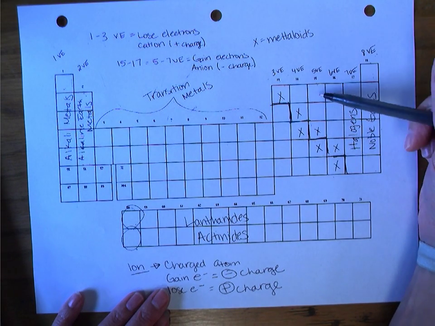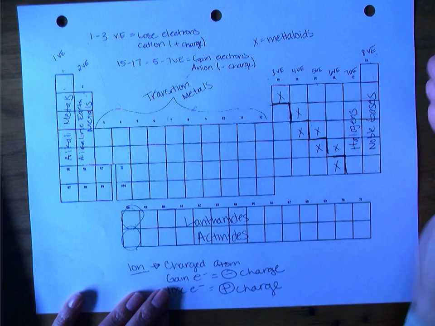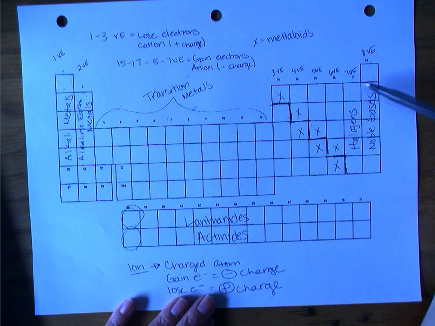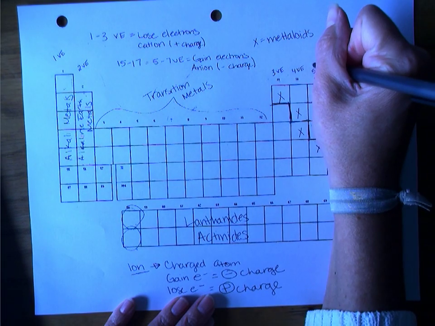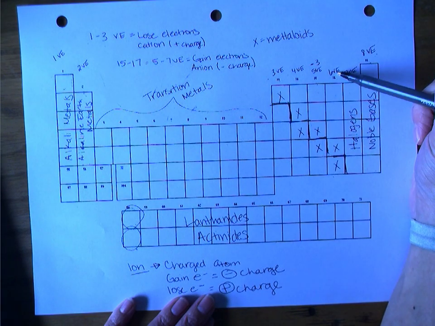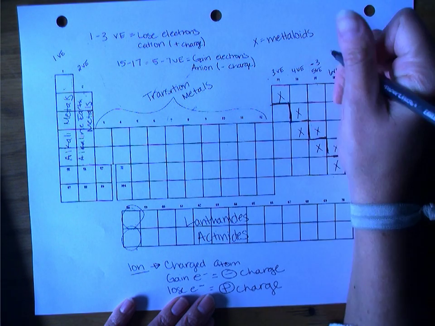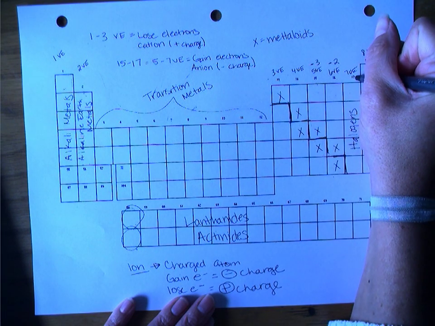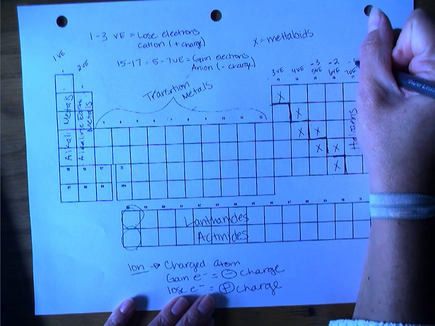It only needs 3 more valence electrons to become chemically stable. So it's going to gain 3 more electrons to be like a noble gas and have a negative 3 charge. If I have 6 valence electrons, I need to gain 2 more to get to 8, to have a negative 2 charge. And if I'm in group 17, I need to gain 1 more for a negative 1 charge.